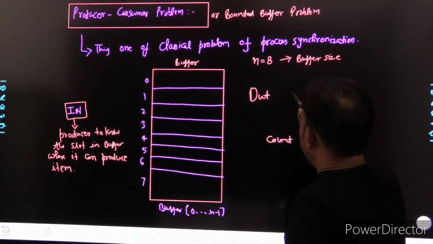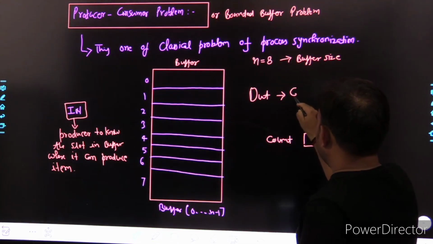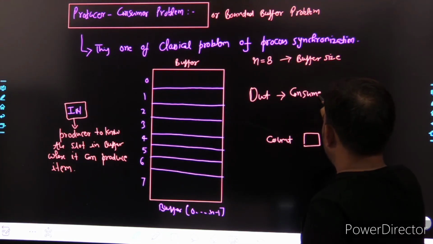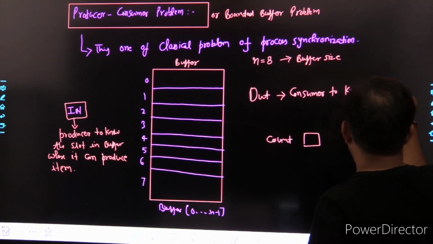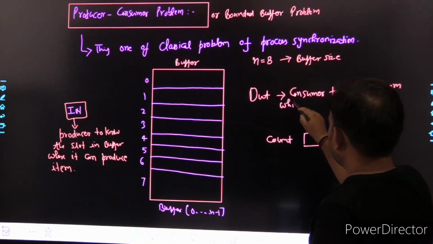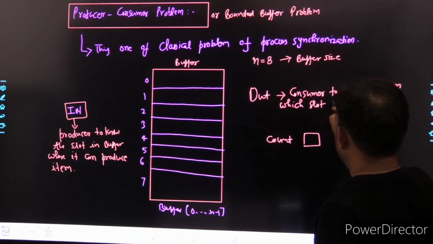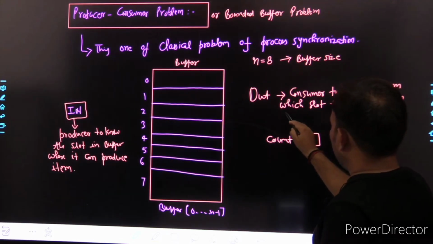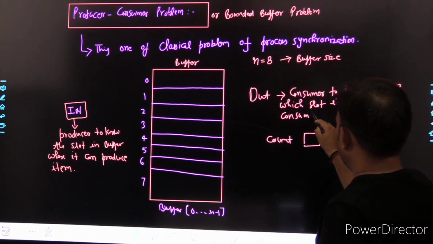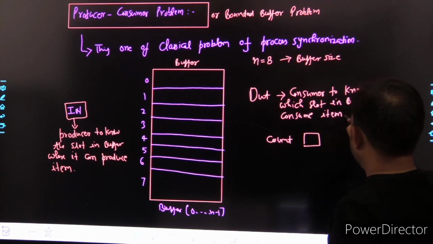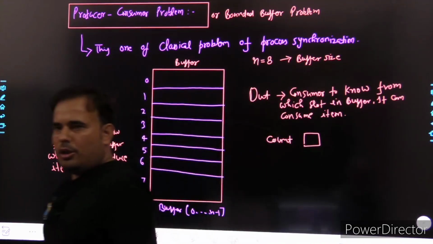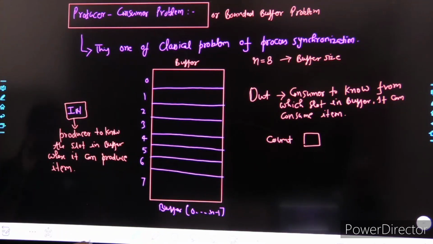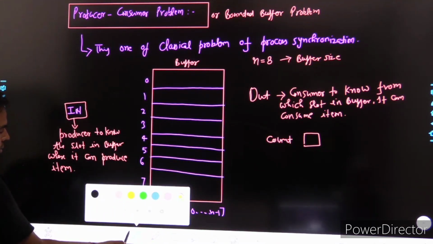So out is used by the consumer to know from which slot in the buffer it can consume the item. I hope you understand, and these are the basics related to the producer-consumer problem.